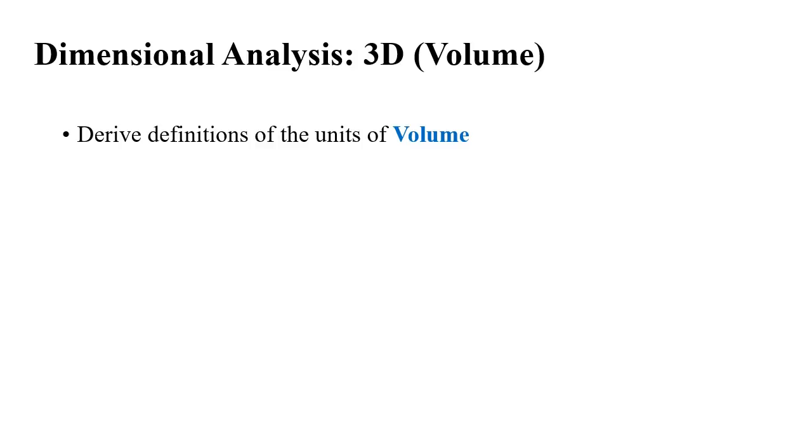So to derive definitions of the units of volume, we'll do exactly the same way as how we derived the definitions of the units of area. The difference, we will just add one more dimension in volume, because volume is 3 dimensions. So instead of just 1 meter multiplied by 1 meter, it will be 1 meter multiplied by 1 meter multiplied by another meter, and that is 1 meter cubed.